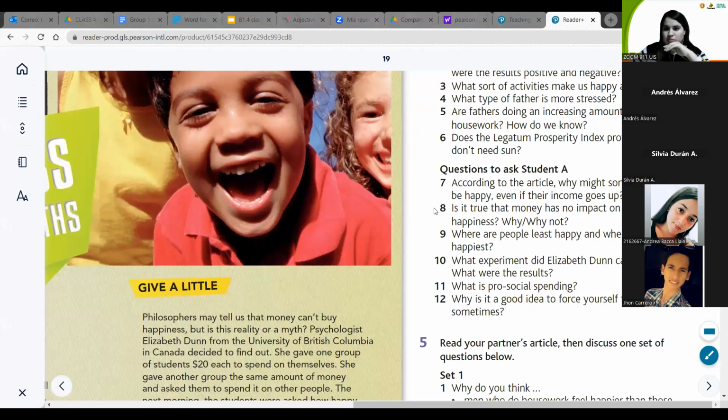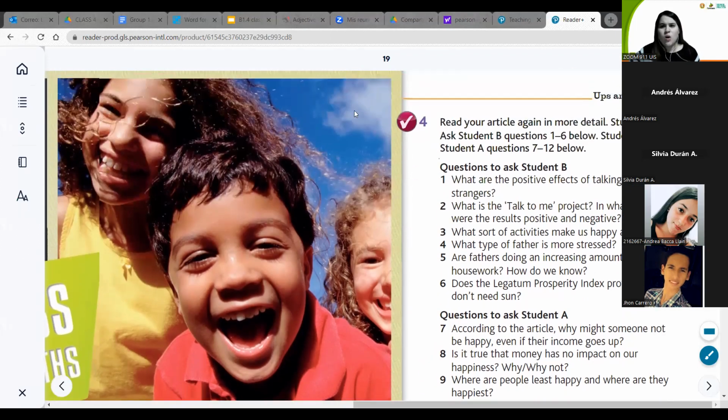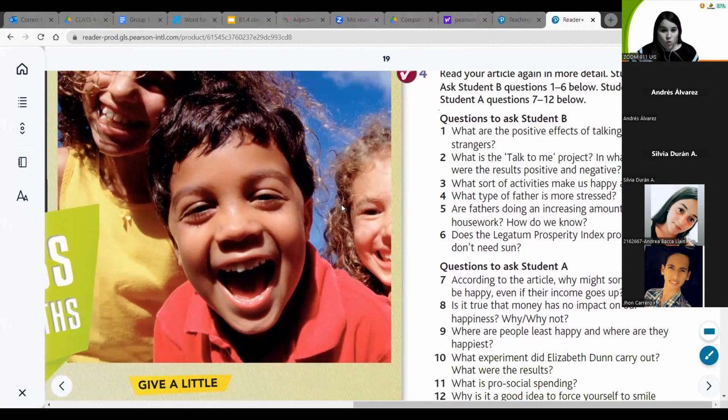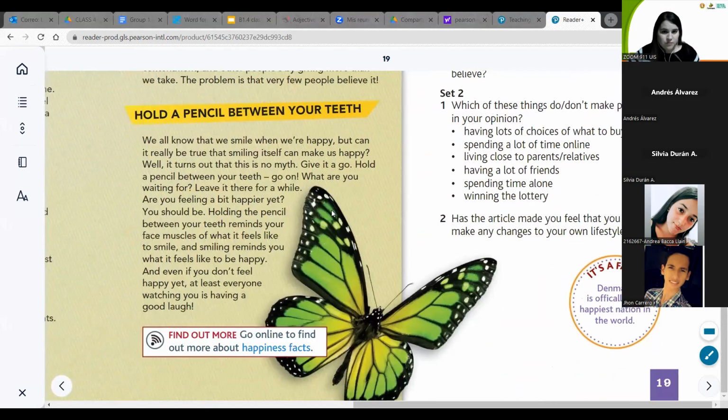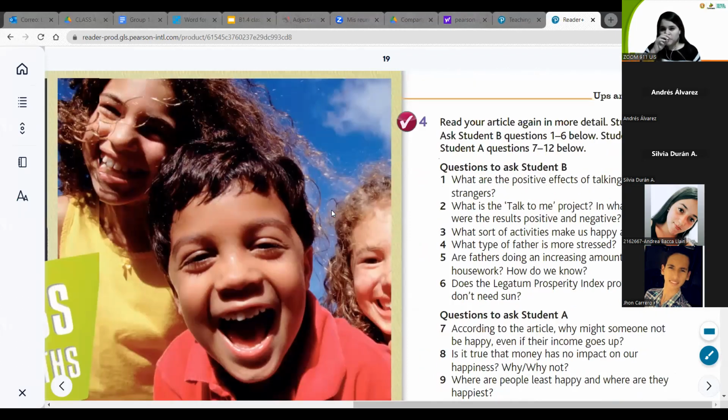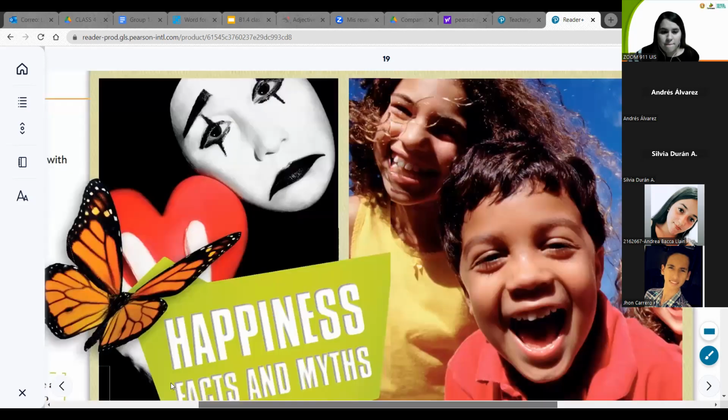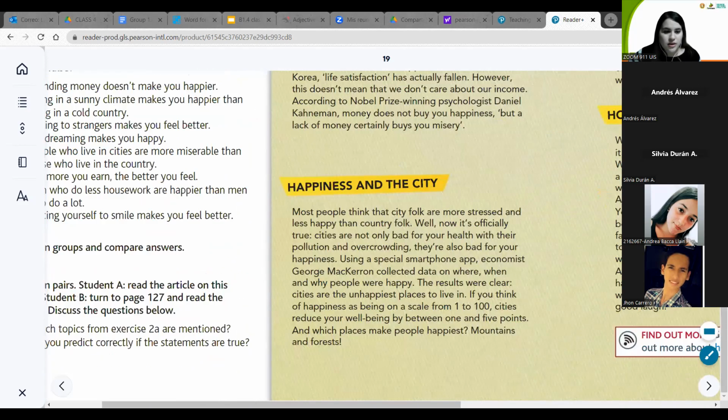This one? It's not about what we read before. Yeah, it's about the text. It says read your article again in more detail.